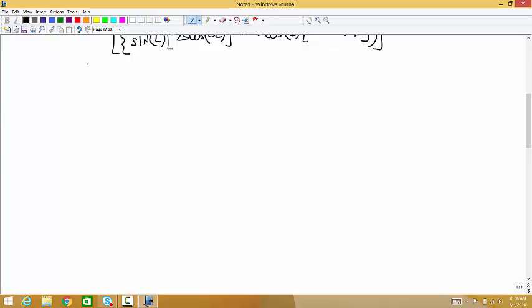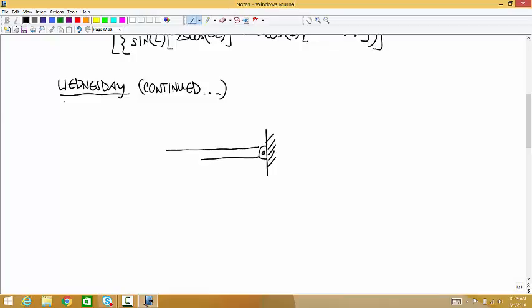So this was from Wednesday. I don't think we talked about this on Friday, but we were working on this problem where we had an arm like this and an arm like this.